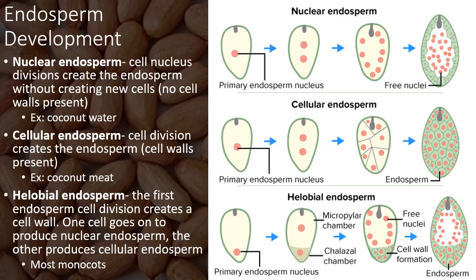So as more and more nutrition enters the seed through the hilum, through the funiculus, our nuclei divide and multiply their DNA, and they produce more endosperm, but they don't create any new cell walls. So there aren't actually individual cells.